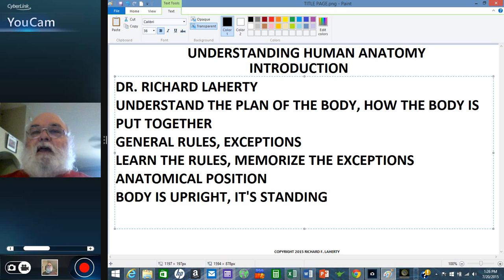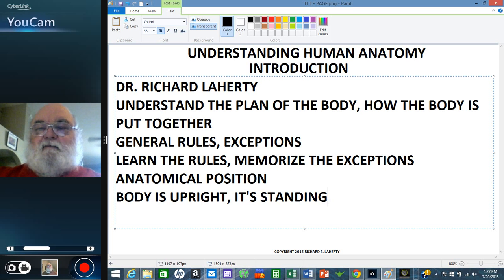So you have to translate the body in your mind that you're looking at into anatomical position. You have to imagine that specimen laying down in front of you is actually standing upright. And then all the descriptions make sense. If you forget that, some of the descriptions will not make sense. It's difficult at first, but after you work with anatomy for a little while, this will become second nature to you.